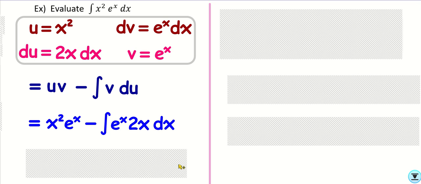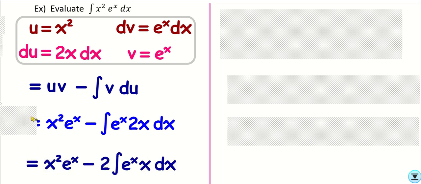Okay? And I don't know how necessary this next step is, but all I really did was bring out a 2. So, cool beans. All right, so now what? At this point you were hoping that the integral was doable.